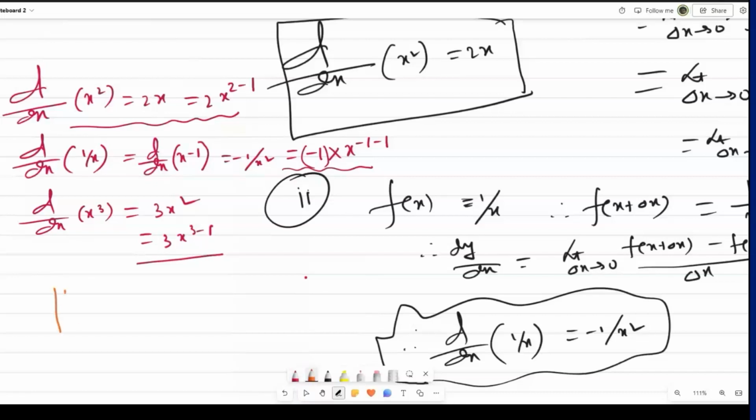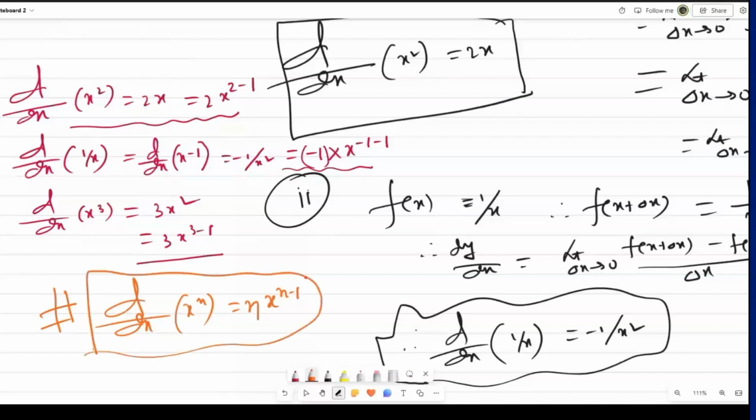So, if you tell me the formula, can't I write this thing? d/dx of x to the power n equal to n x to the power n minus 1? Of course. Yes. So, derivative of x to the power n. You forget everything, but don't forget this one. This formula will apply in physics. But how does it come?